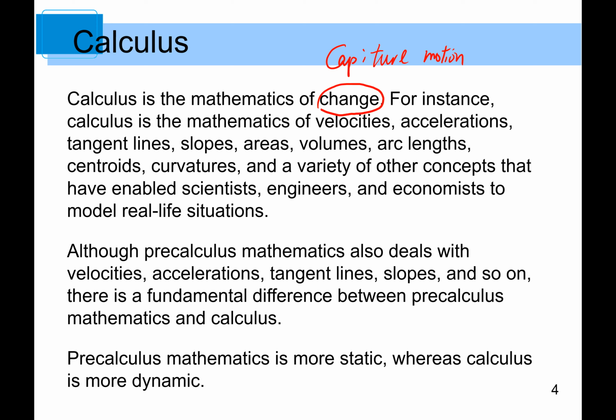For instance, calculus is the mathematics of velocity, acceleration, tangent line, slopes, areas, variance, arc lengths, centroids, curvatures, and a variety of other concepts. This enables scientists, engineers, and economists to model real-life situations. So this is the key implication, right? You can use calculus to model real-life situations.